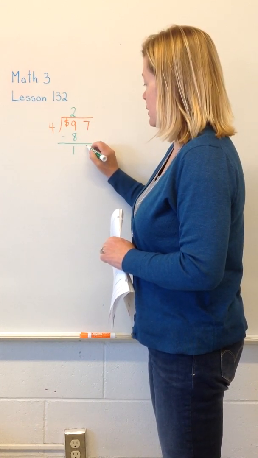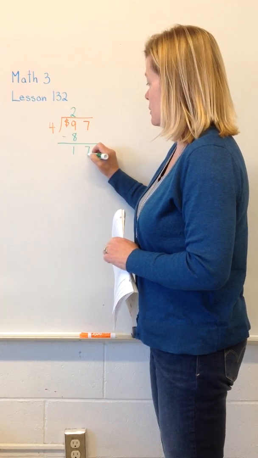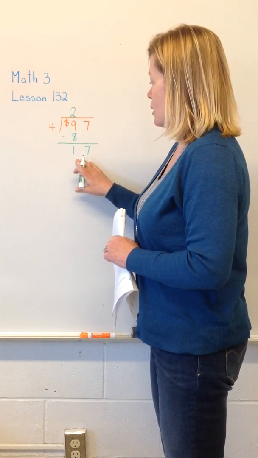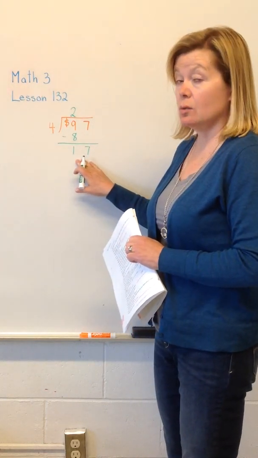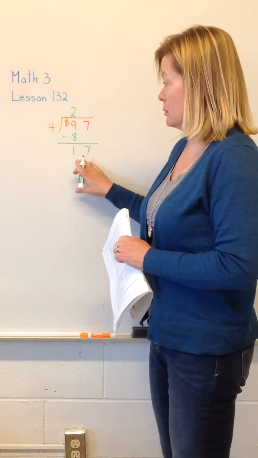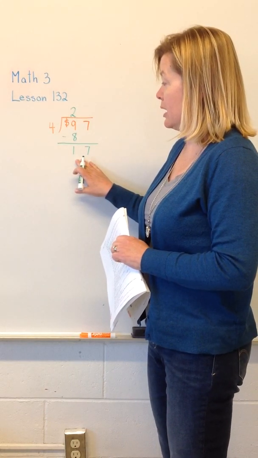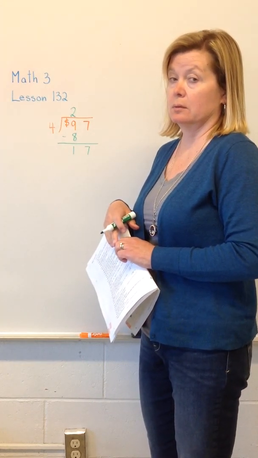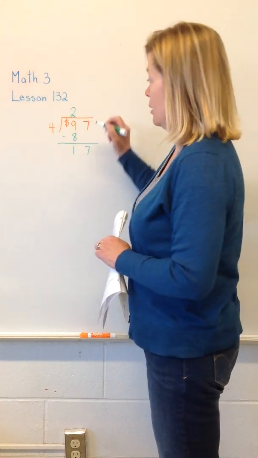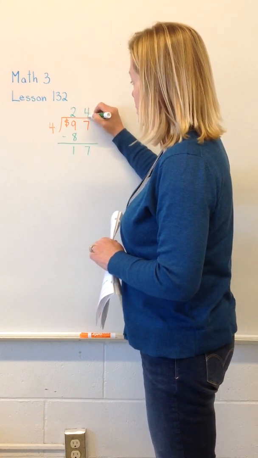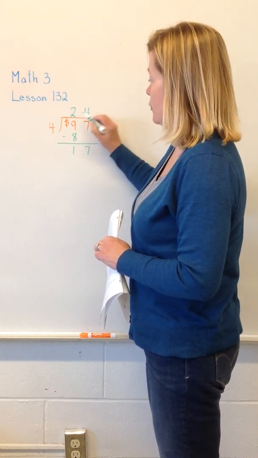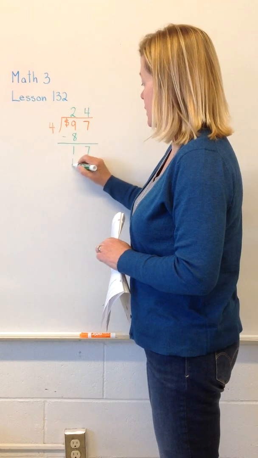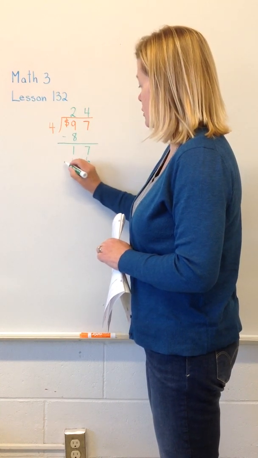Remember, we're going to bring down the 7. We have 17 ones now. So how many ones can each of the 4 people have? They can have 4. Multiply. 4 times 4 is 16. This is where our 16 goes.